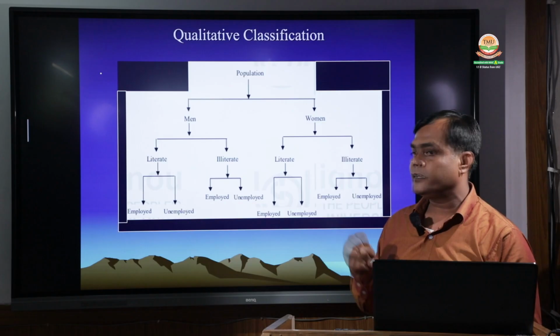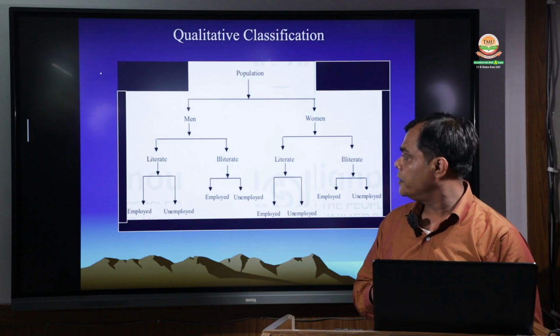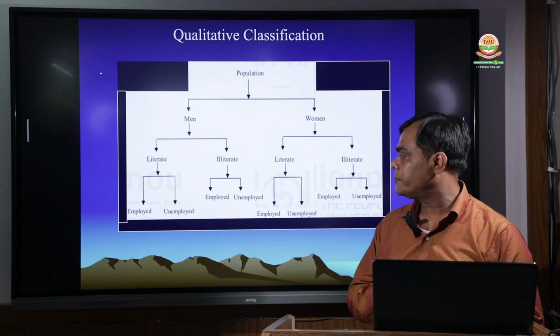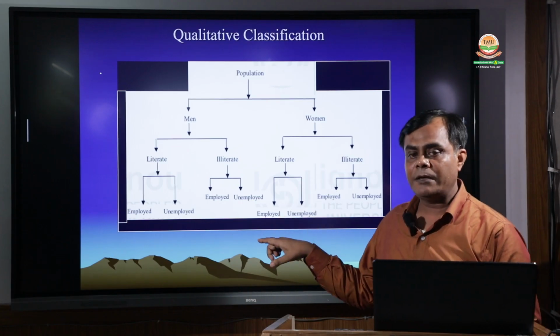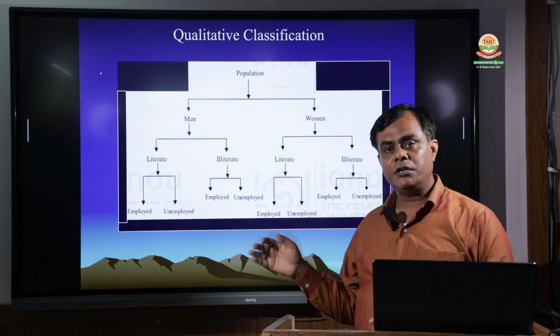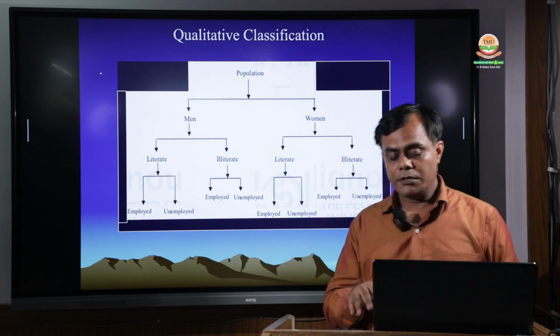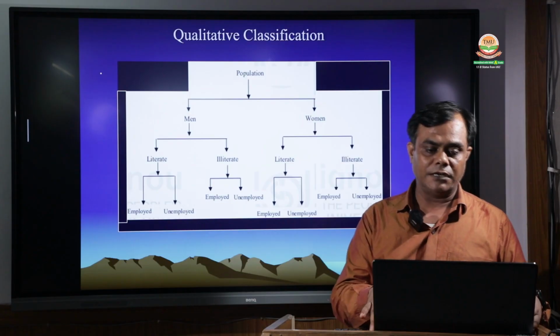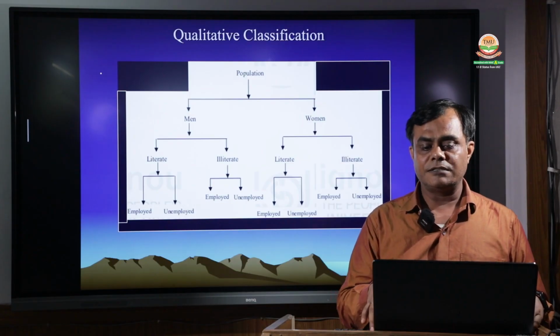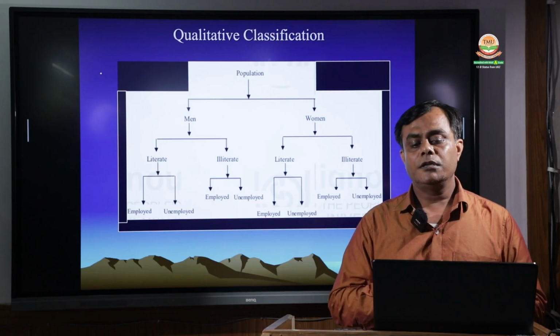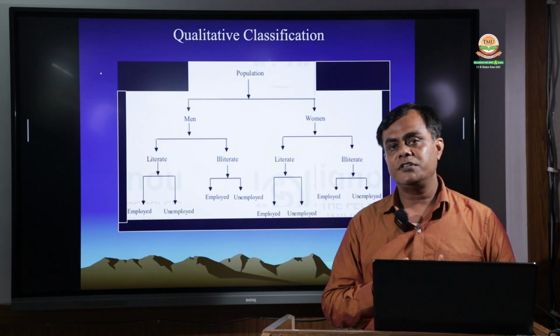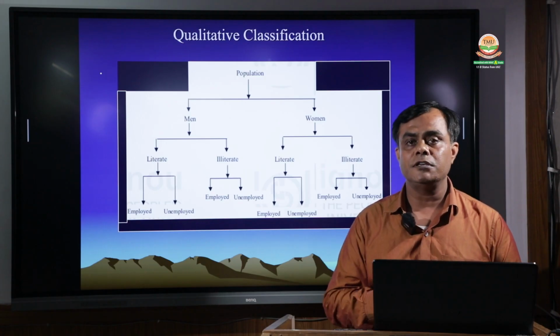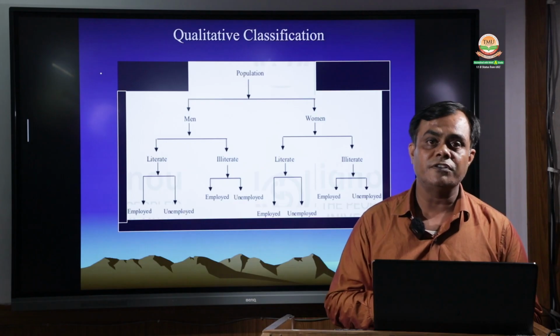The first stage is the gender basis, the second is the literacy basis, and the third is the employment basis. So on three different bases we classify the data. That is the classification of data, and this classification is a three-step classification. Thank you.